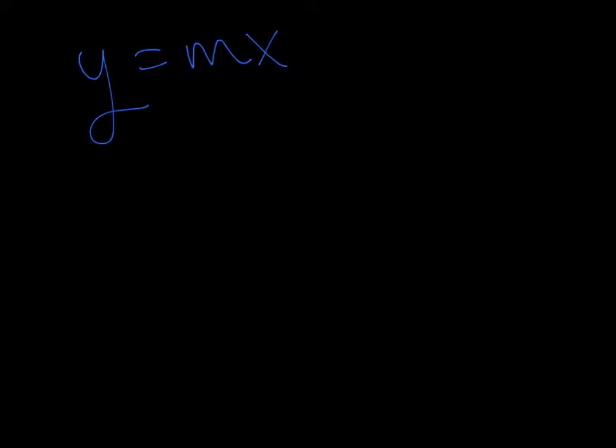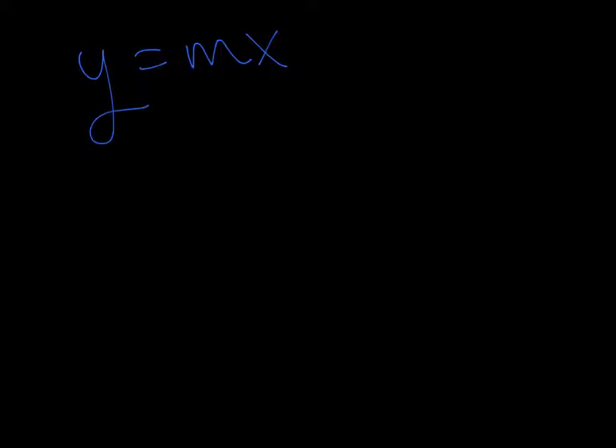So you could say that y is 3 times x, right? So nothing else is being added into this equation except m making them vary between each other. And that's the direct variation because it's only m.